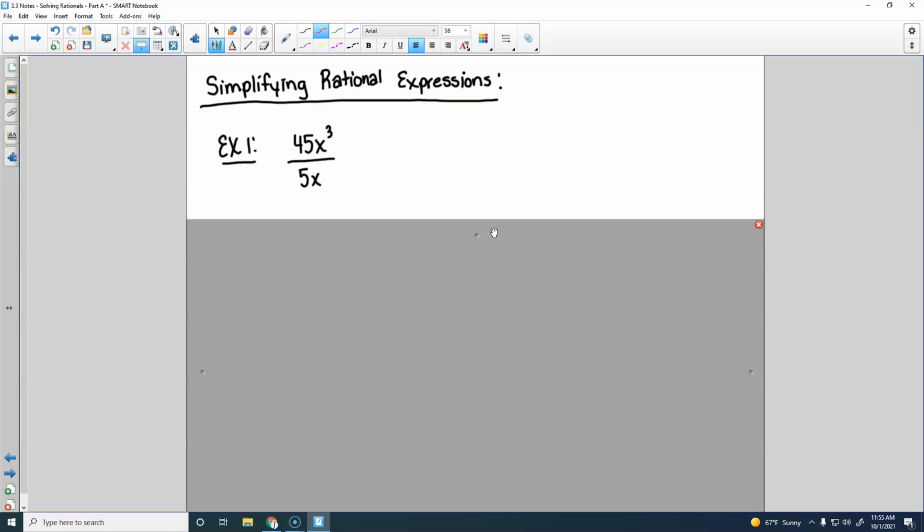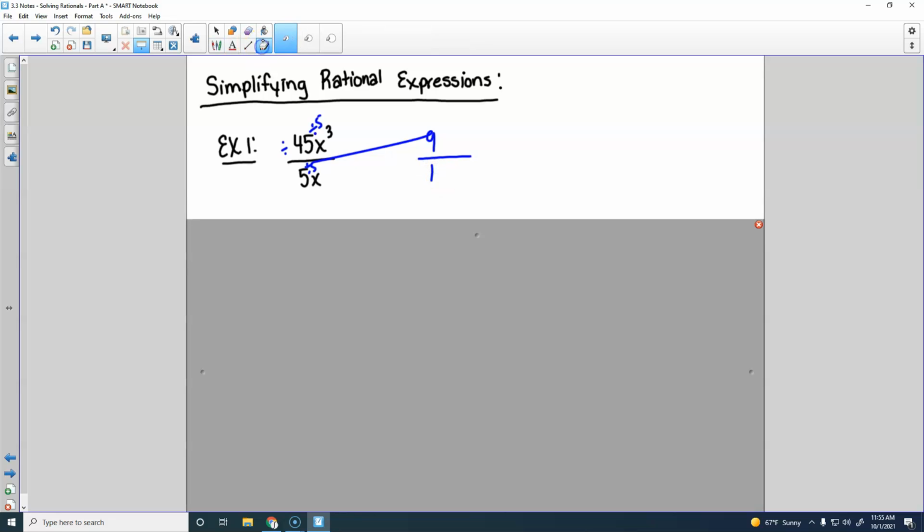So here, I can treat my coefficients separately from my x's. And so 45 and 5, could I reduce those? Yeah, I could divide both of them by 5. That would give me a 9 on top, just a 1 on bottom.